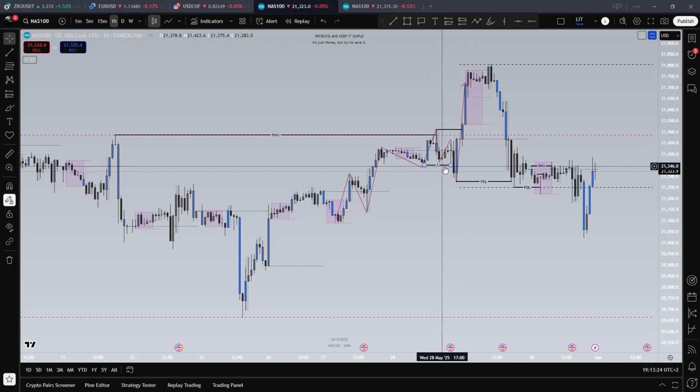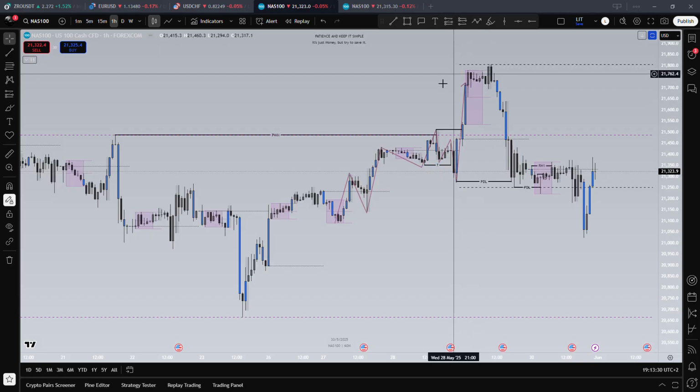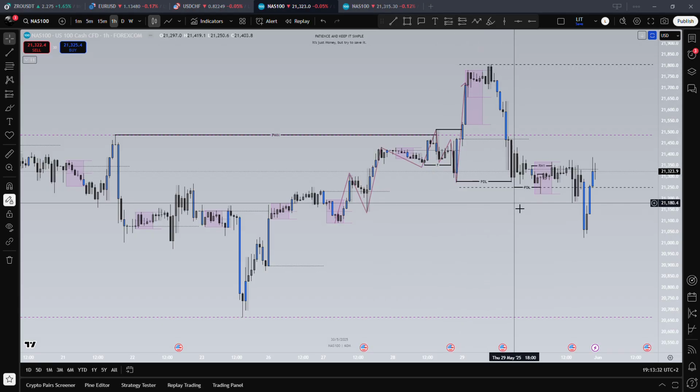Here we had a fake break to the downside, and I expected the buy here, but it was so late the other day. Then we had this day here for the sell, and here I was expecting. I wasn't sure because, as you can see, the candles have wicks, so I can understand that there are buyers here.